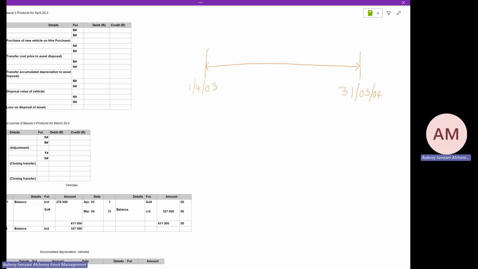And on the first, they tell us that we purchased a new vehicle by means of trade-in, which is valued at 135,000, and we had to do a trade-in in order to get this vehicle.